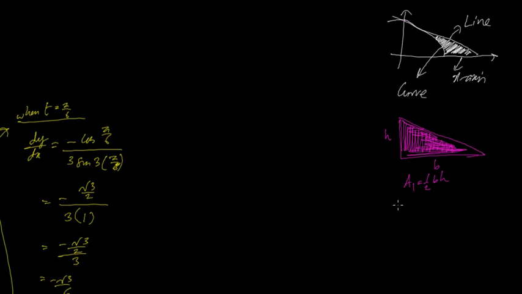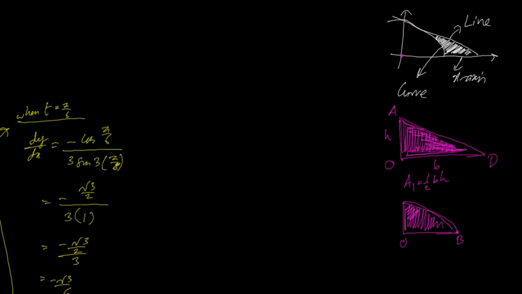Then we find the area under the curve from point O to this point B. If this is A, this is O, and this is D, the triangle's area would be half into OD into OA. For the curve, the only way to find the area is by integration.